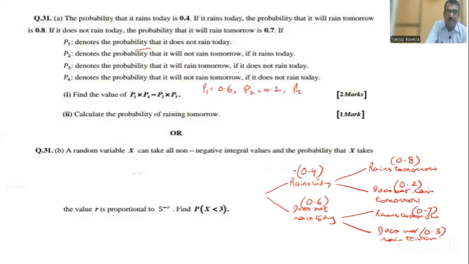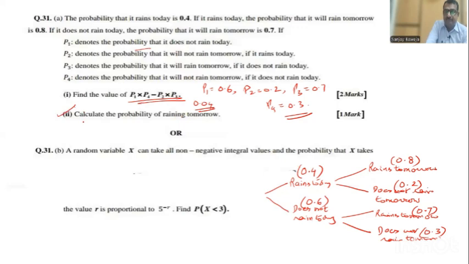Value of P3 is 0.7. And value of P4 is 0.3. So you can easily find out these probabilities from the given statement, and by reading the tree diagram, you will substitute the values here and you will get the answer as 0.04.